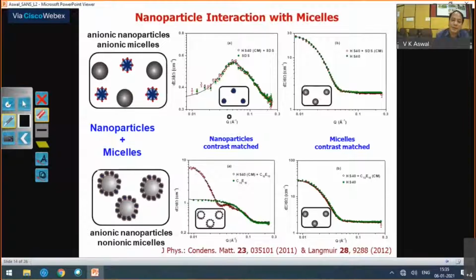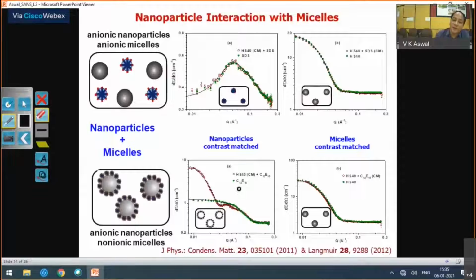So in earlier cases, if they were not interacting with nanoparticles, they would have looked like this. For that, your pattern is like this. But now since they have redistributed themselves and interacted with the nanoparticles, that is seen here, where you get very different scattering patterns, which is from the micelles now adsorbed on the nanoparticles.